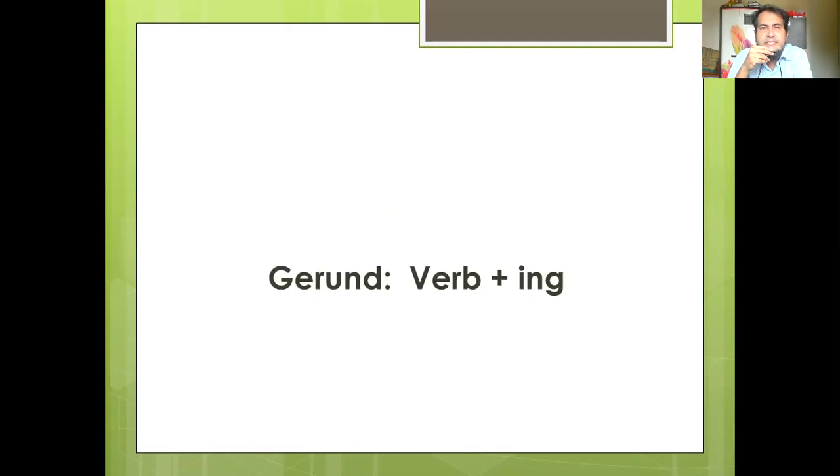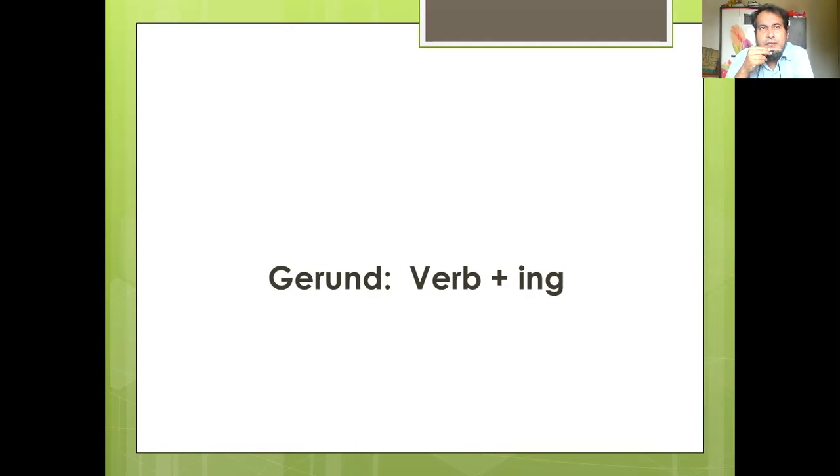Now, what is gerund? Actually, gerund is a form of verb that works as noun. How does this form look? It looks like verb plus ing, and it is totally different from present continuous tense.